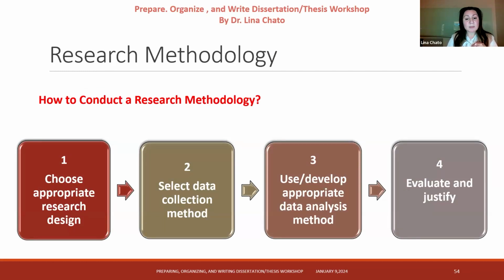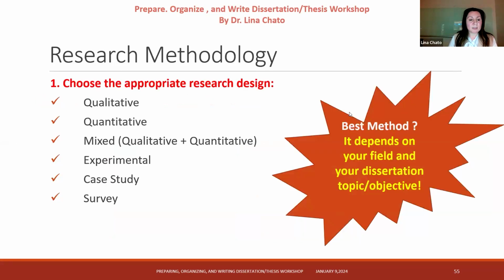The third step is to use or develop an appropriate data analysis method. Then in the end, evaluate and justify. These are the steps, and this is what you will describe in the methodology chapter of your dissertation and thesis.